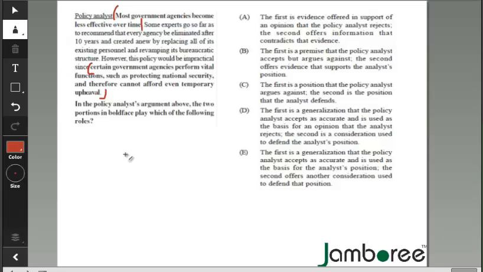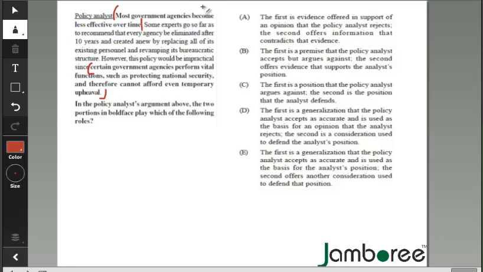When you have practiced enough, you get to know this is definitely not data, not fact, not evidence, not a finding. This is more likely the author's opinion, or his premise. It can be his position as well, it can be his conclusion as well, right? But it is definitely not evidence or fact.